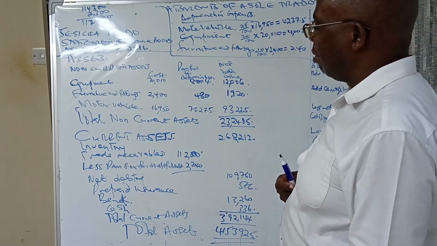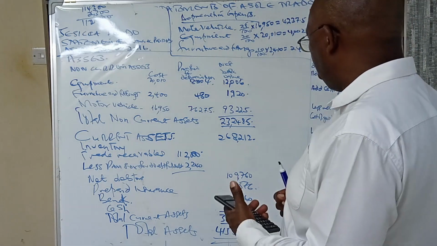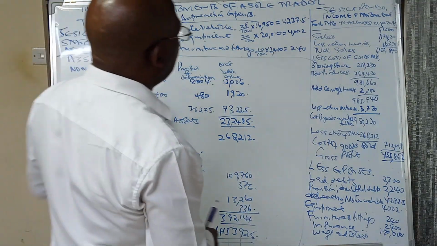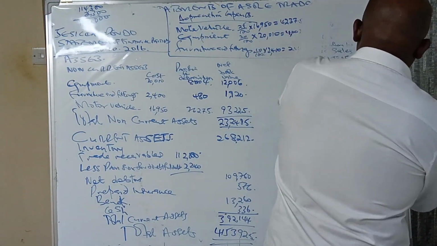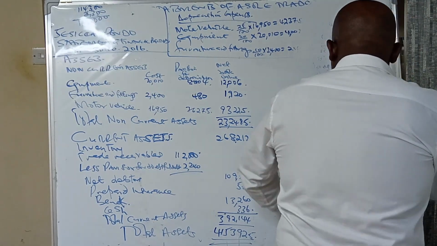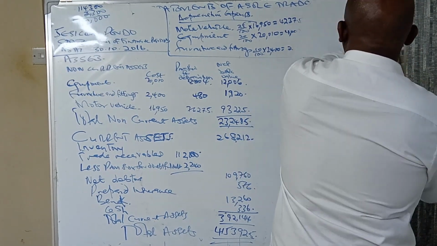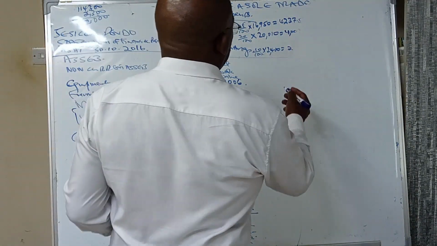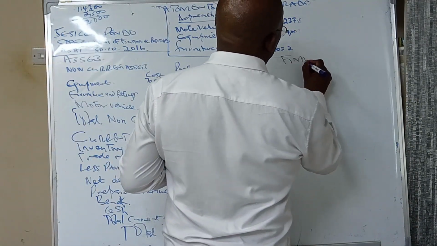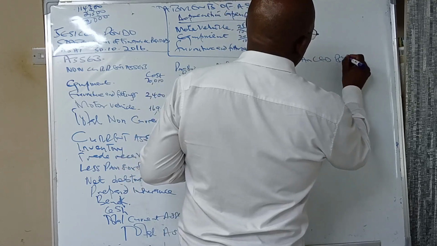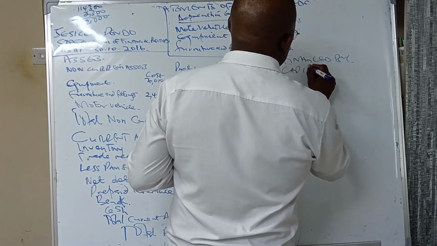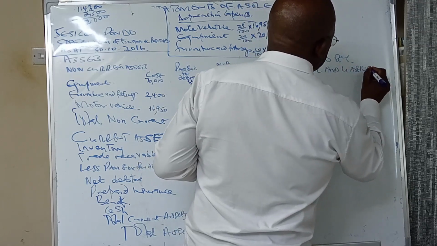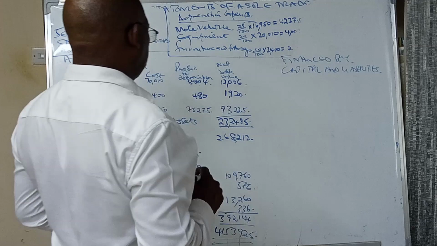Then you ask yourself, how were the total assets funded? So we say financed by capital and liabilities.